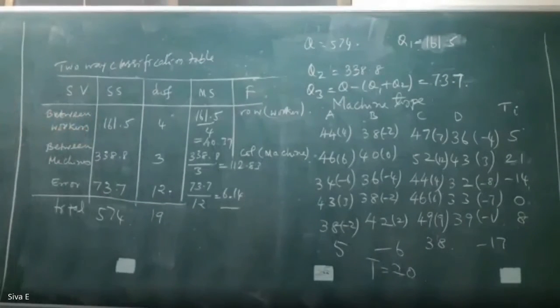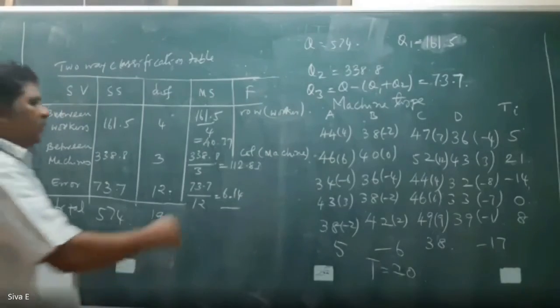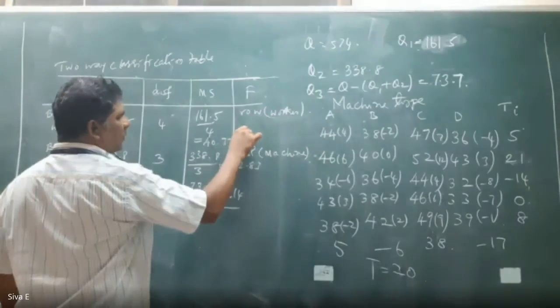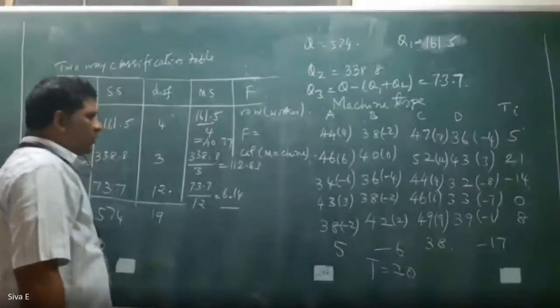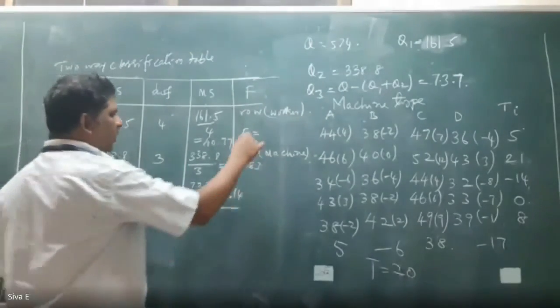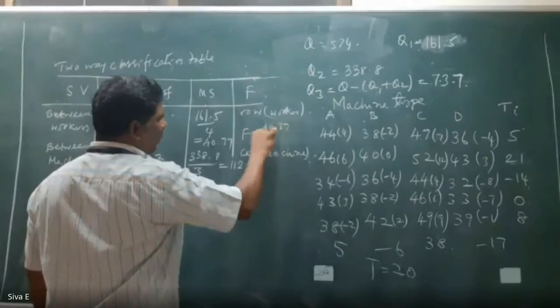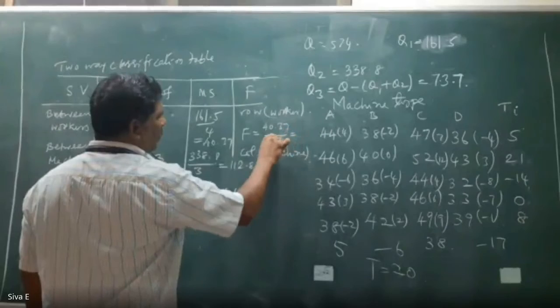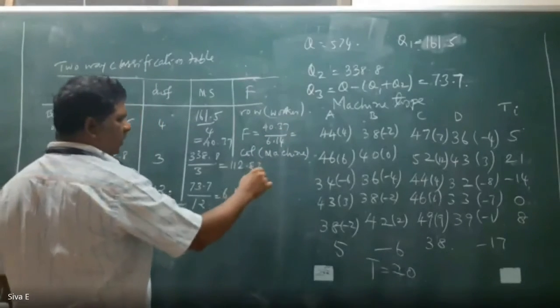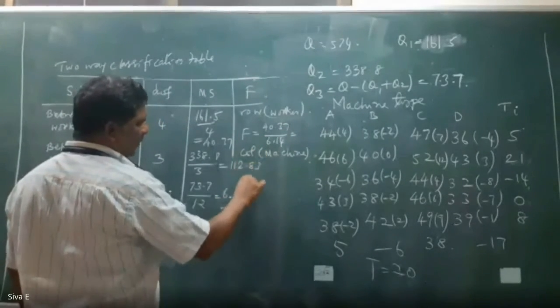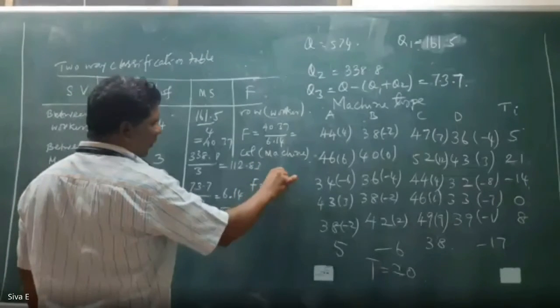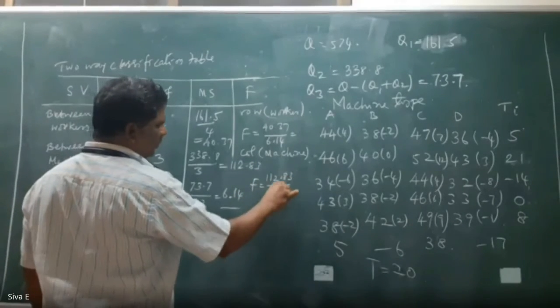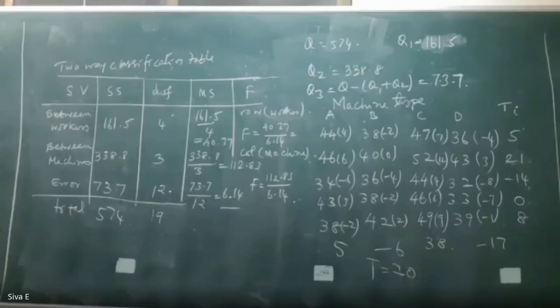So here we have to find the F value between workers. F equal to 40.37 by 6.14. Second one, between columns, F value is 112.83 by 6.14. What are the values?